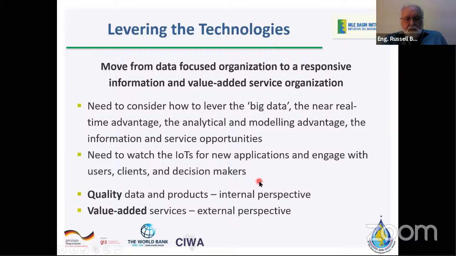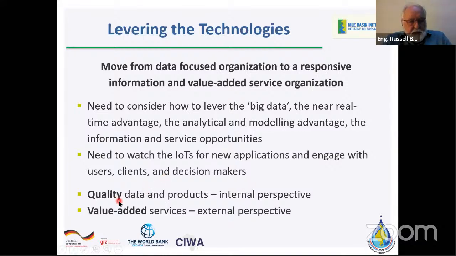If you want to gain from this technology, it offers you a number of advantages, but now you have to talk and be engaged with the user community, your clients, and the decision makers to let them know what features and what you can do based on the technologies that you have.